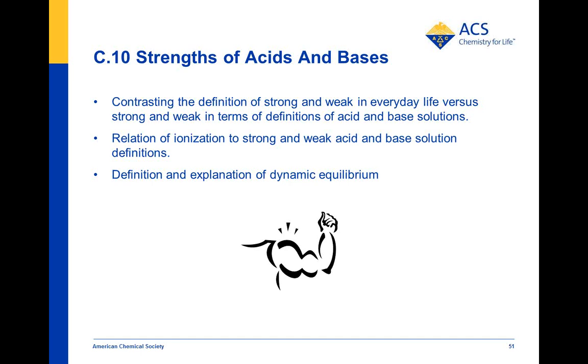One of the things that I find that helps is that strong and weak are often talked about as weak being partially ionized, and if instead of using that kind of language, you make sure you say only a small fraction of them are ionized, that seems to help.